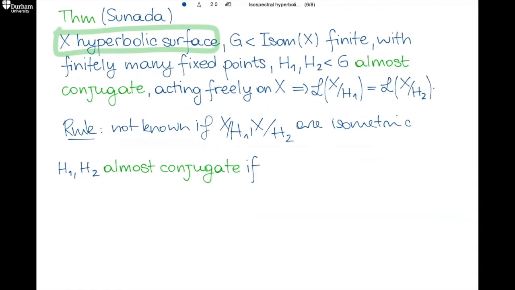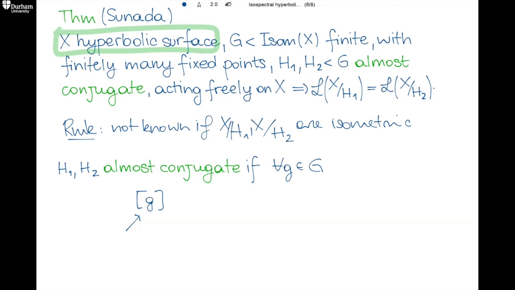So what's the definition of almost conjugate? It's a relatively simple condition. If I look at any element of the group, I can look at the conjugacy class of g. Maybe a quick question. Sure. If H1 and H2 were conjugate, could you then conclude that they are isometric or not? Precisely. So the important thing is that you choose almost conjugate but not conjugate subgroups. Thank you. And then you can start hoping that they are not isometric.